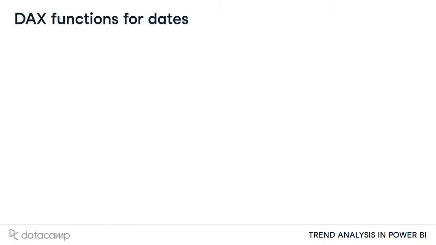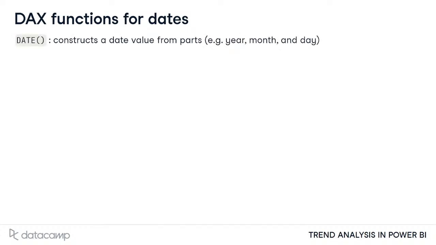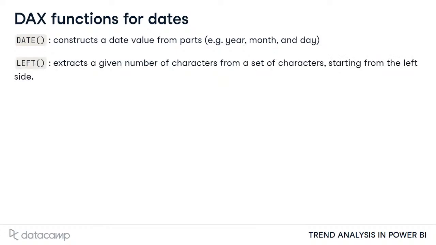The following exercises will leverage a couple of DAX date functions. Before jumping in, I'll introduce them here. First, the date function constructs a date value from parts, i.e., year, month, and day. Left is a function which extracts a given number of characters from a set of characters starting from the left side.